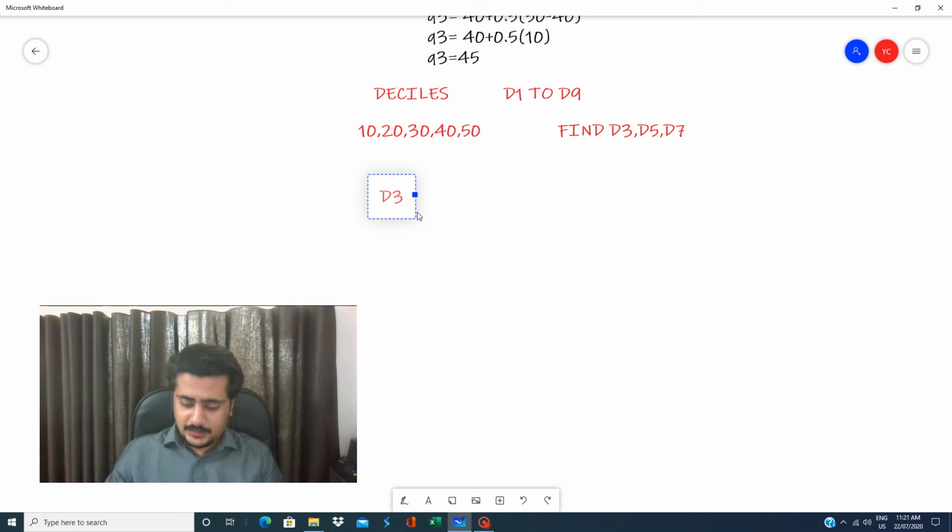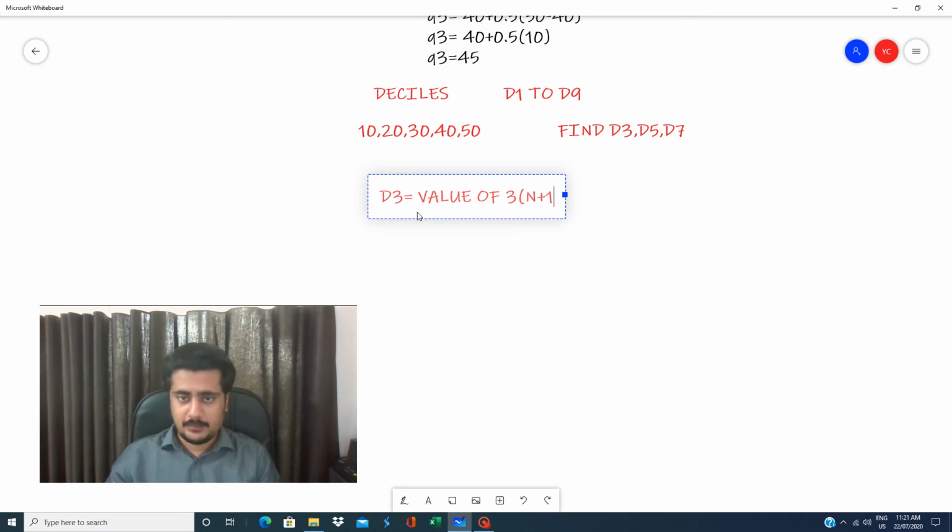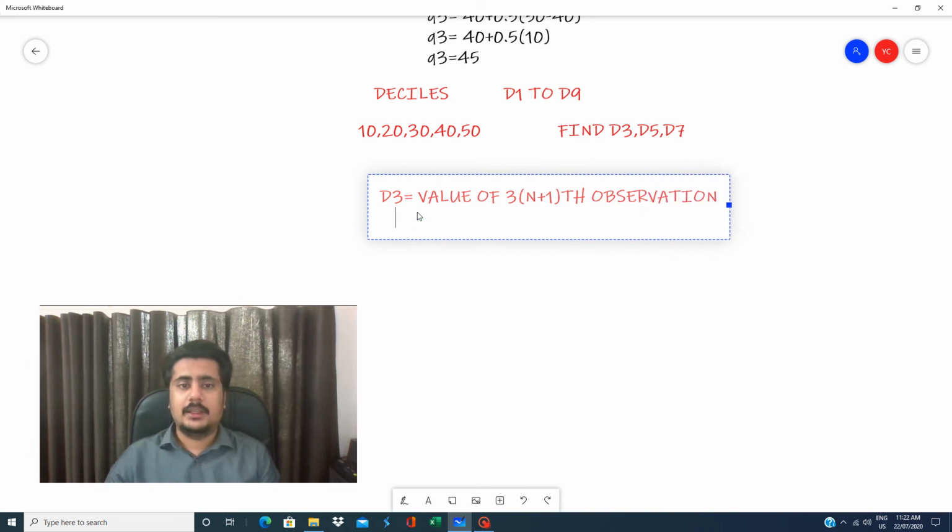So I'll be starting with D3. Now how will I solve it? D3 means value of 3 into (n plus 1). Now as this is a decile, I'll be dividing by 10 here.